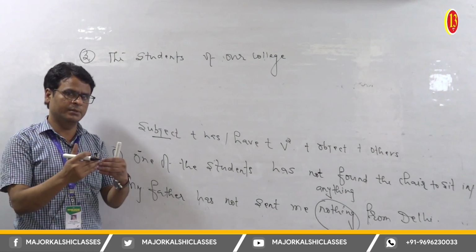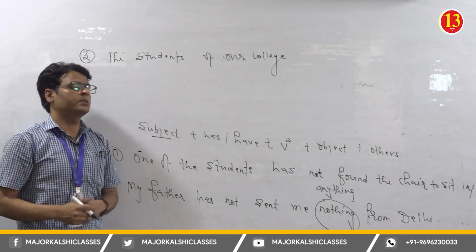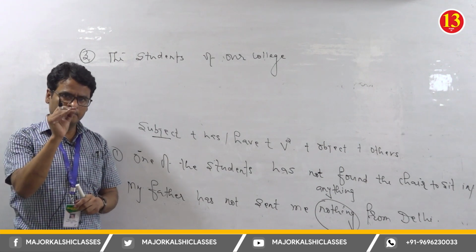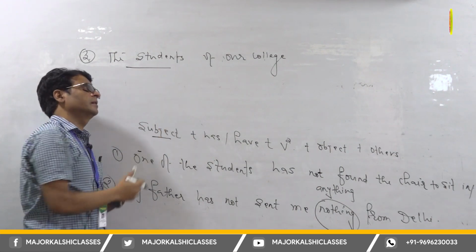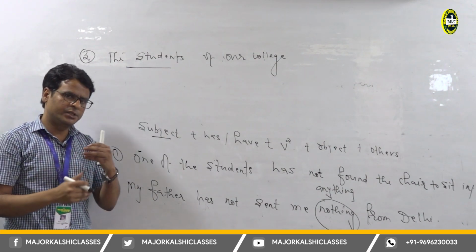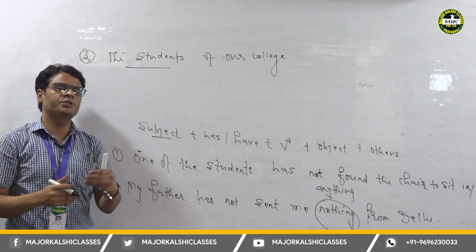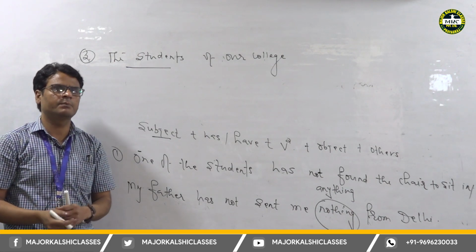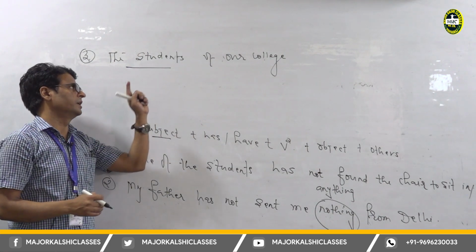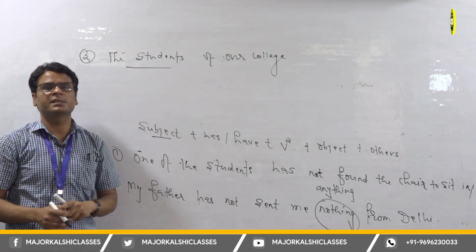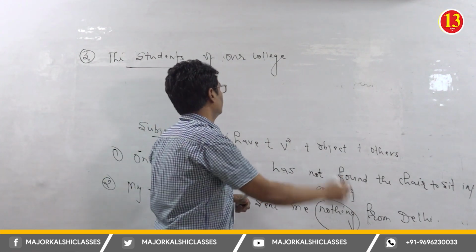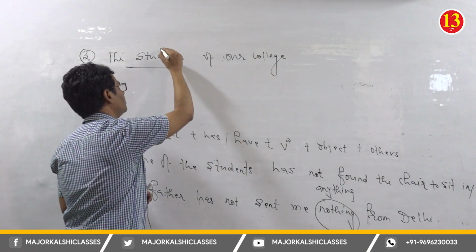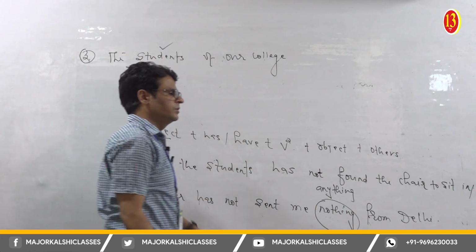This is your subject. The subject is very big, but the main subject is the students, because I am talking about students. Students belong to our college, but the main subject is students, and this subject will decide the verb, whether it should be singular or plural. As you see, students is plural, so we have to use have.